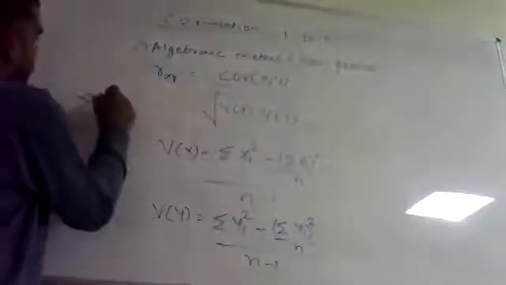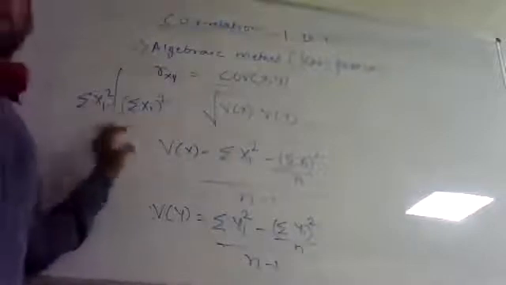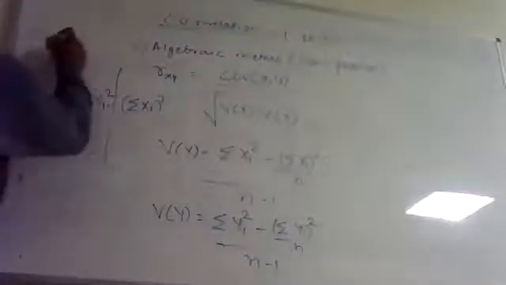Do you know the difference between these two terms, summation of xi square and summation xi bracket square? What is the difference between these two? Suppose this is the variable x. We are having observations 1, 2, 3, 4, 5.